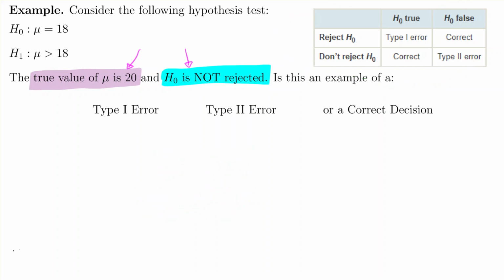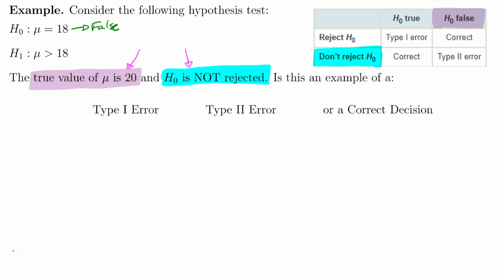Now, the way we've worked with the first piece of information is: if the true value mu is 20, then our H0 assumption that it was equal to 18 is false. So I would be in this column, H0 is false. Now it ends up that I did not reject H0.